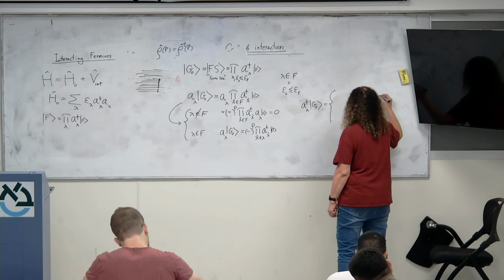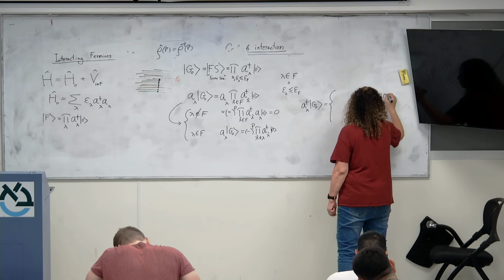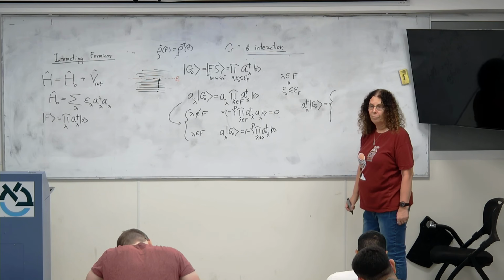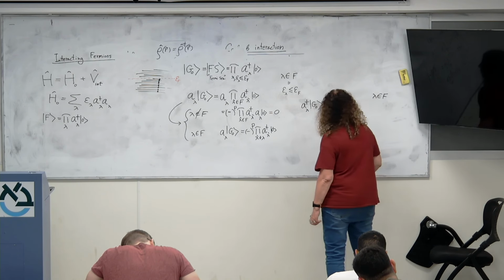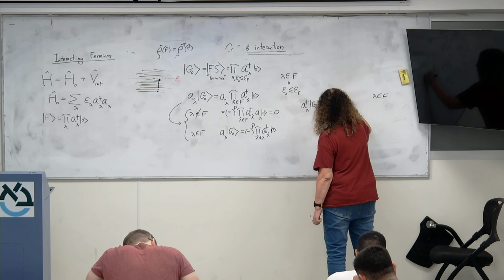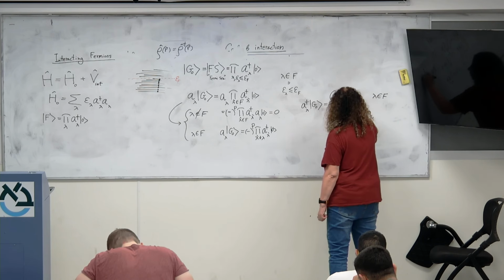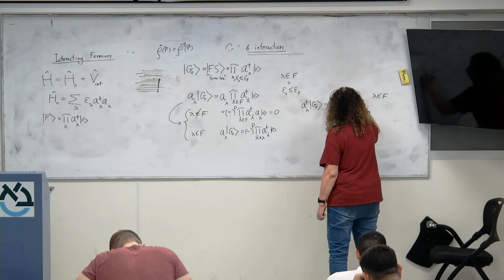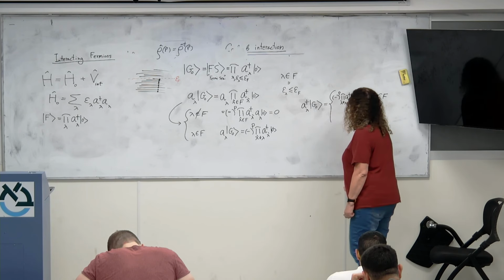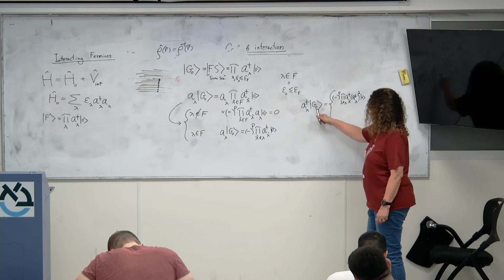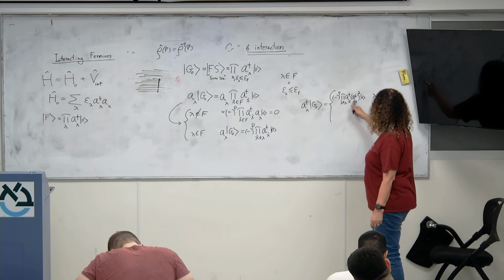If lambda now belongs to F, what I get is some phase factor times a product of lambda prime different from lambda, A lambda prime dagger, times A lambda dagger squared, right? That's what I get if I reshuffle it until it hits the same lambda.